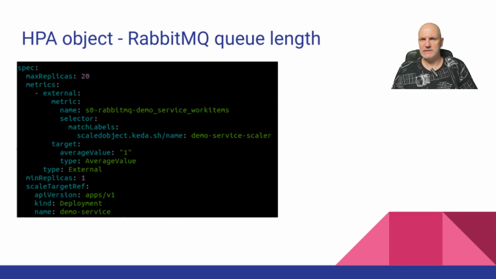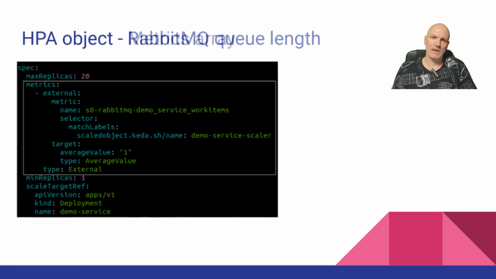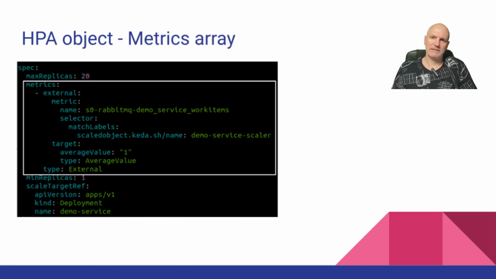We can notice that it has all the required fields: min and max replicas, scale target reference, and the metric specification. The metrics array may enlist multiple metrics definition objects. The HPA will set the desired replica number to the greatest value derived from all the enlisted metrics.